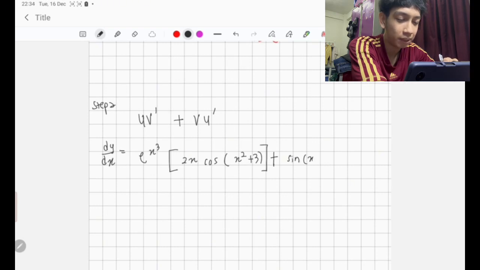So we just multiply the e^(3x) with each term in the bracket, and we move the 3e^(3x) in front of the main terms.